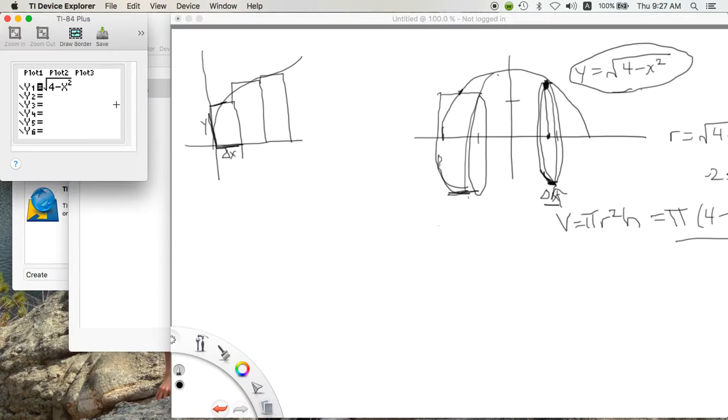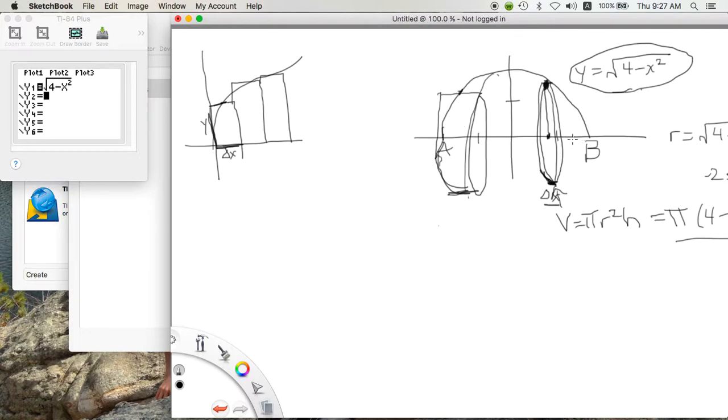So if we want to figure out the volume of the sphere, we can use this circle function and its volume formula, because remember, before we just used the y equals, and then the delta x was taken care of as part of the program. It figured out what delta x was based on what our a and b were, our range from one to the other, like here would be a, and here would be b, and then how many rectangles, or in this case cylinders, we want.